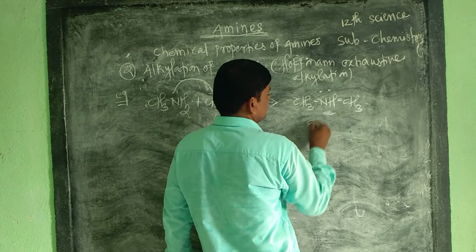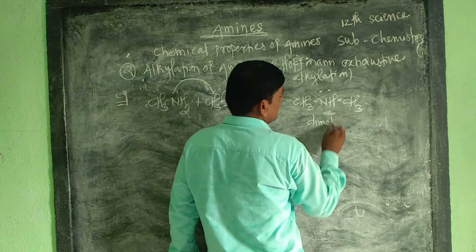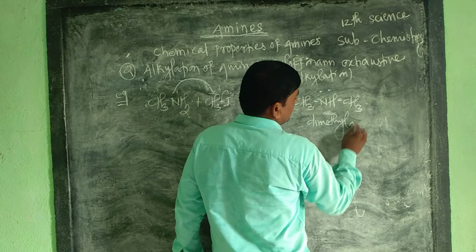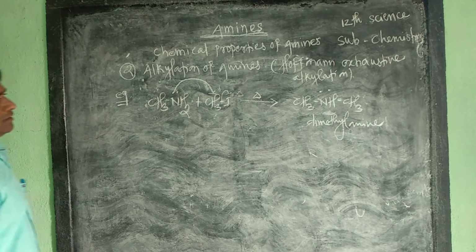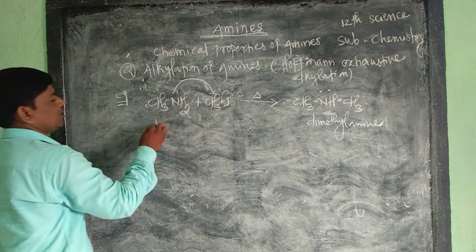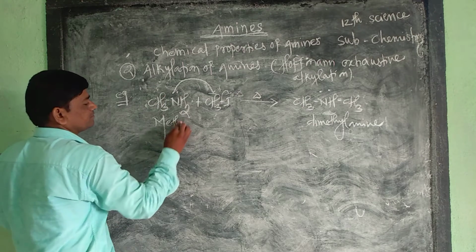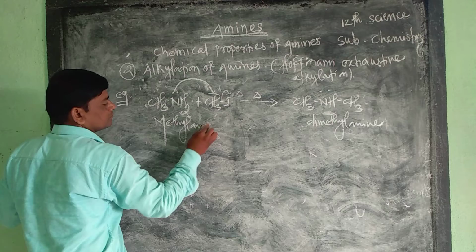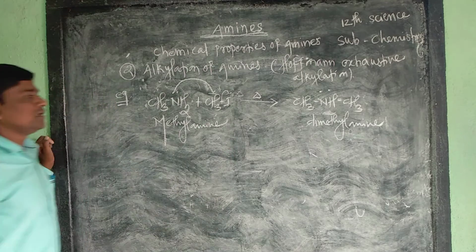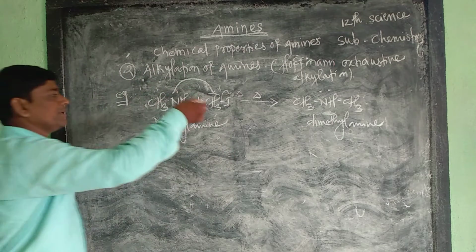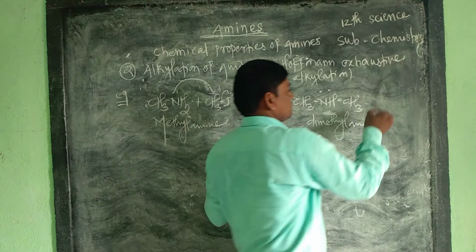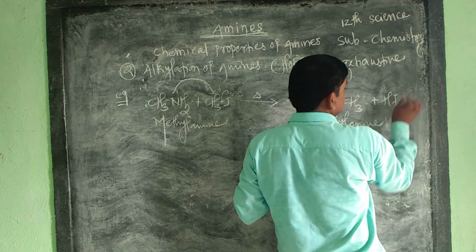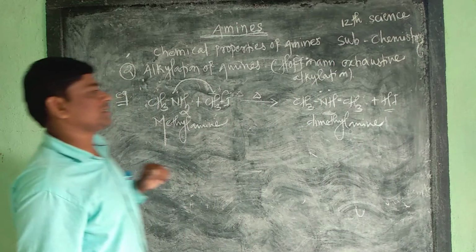This is known as dimethylamine, and this is known as methylamine. Now the secondary amine, and one hydrogen from this amine and the halide form hydrogen iodide. Okay, a side product is there.